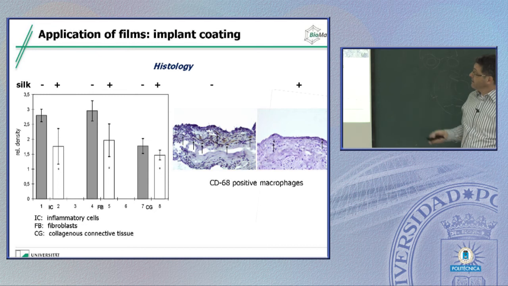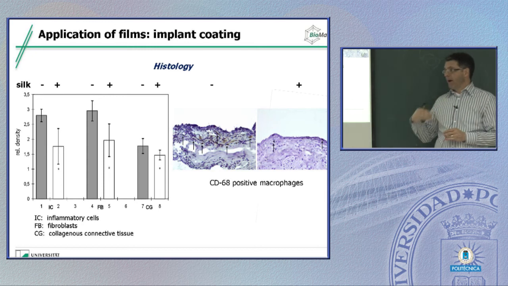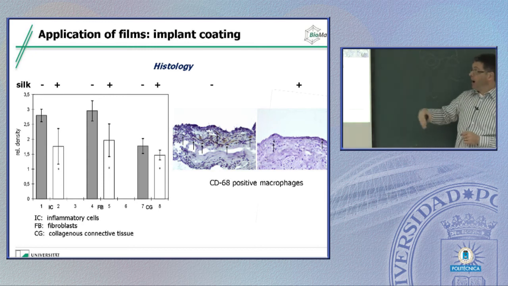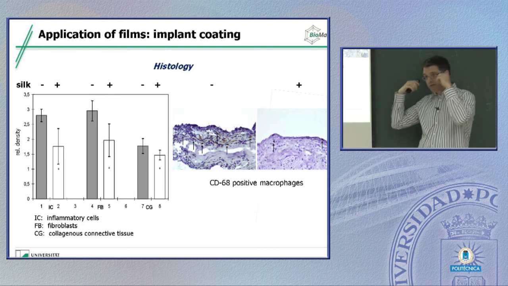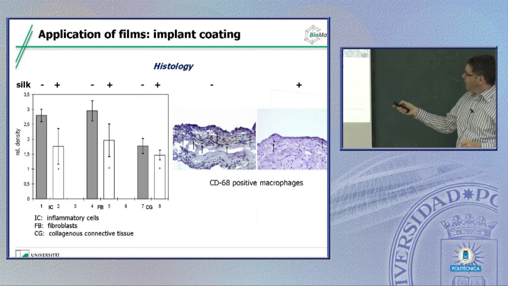And here is some other data. These are stained tissues, and the staining was against CD68 macrophages. So typically, if a foreign material comes into the body, macrophages, as I told you, are induced to perform phagocytosis, to remove the foreign stuff. And this is the case here. All the dark spots are macrophages. You see quite a lot of them.